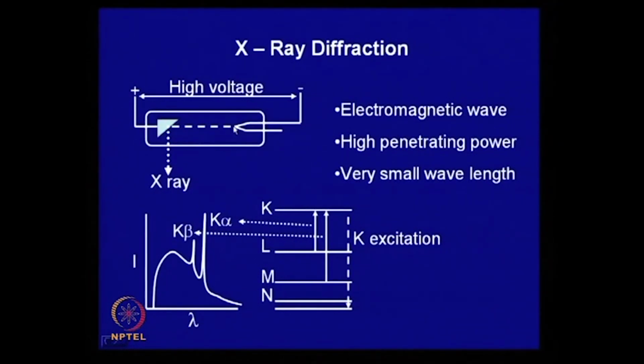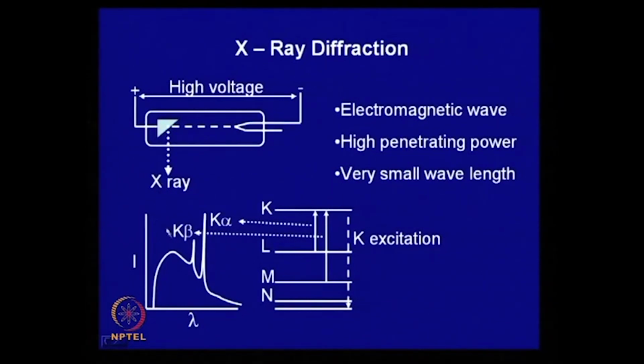So, you will have a stream of electrons moving in this sealed tube, and then it strikes a target. These targets are made of metals and are water cooled, and from these metallic targets you get X-rays emitted, because this beam of electrons has high energy, and when the electrons strike the target, they lose that energy, and part of this energy is emitted as X-ray.